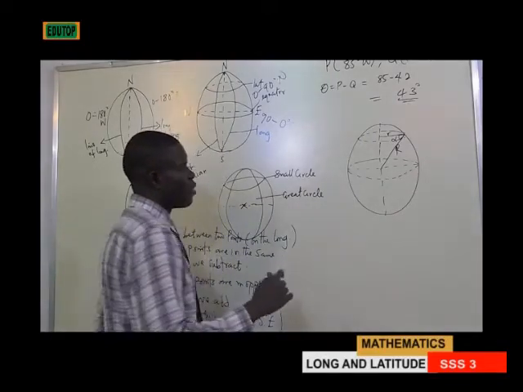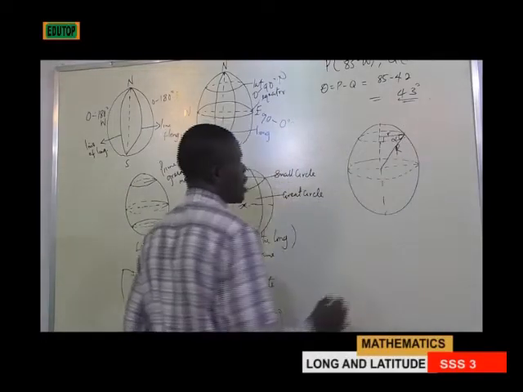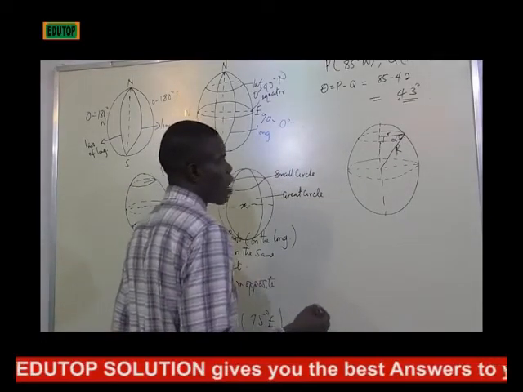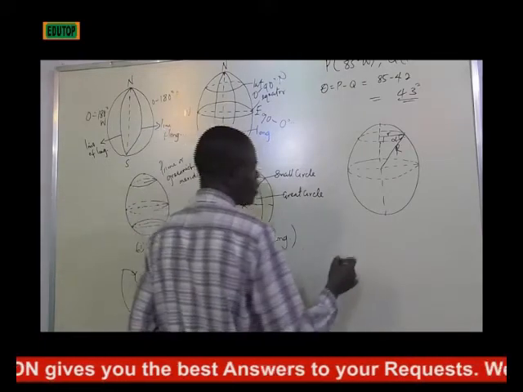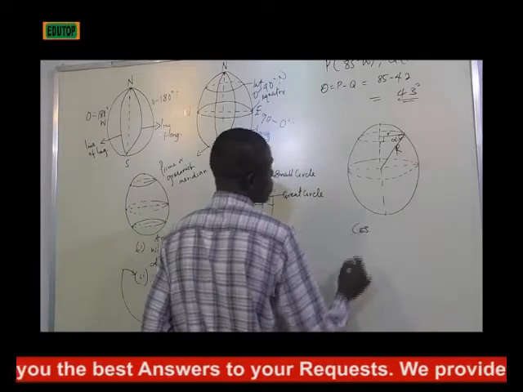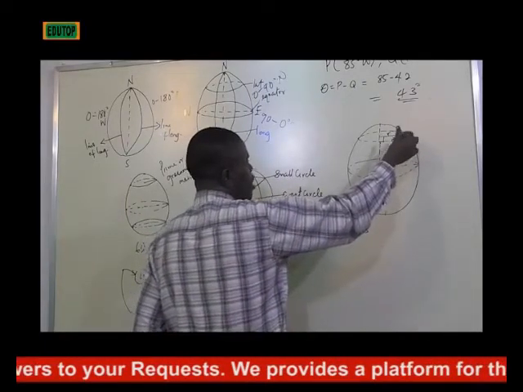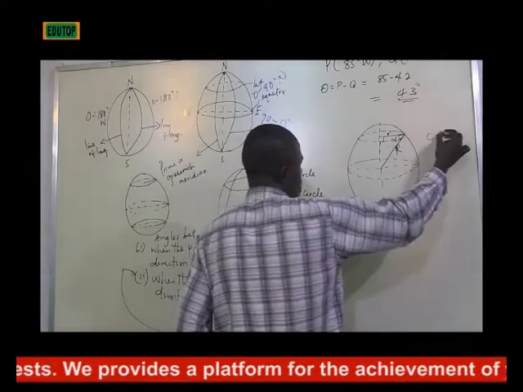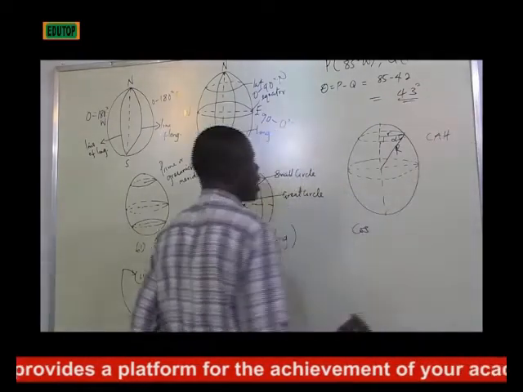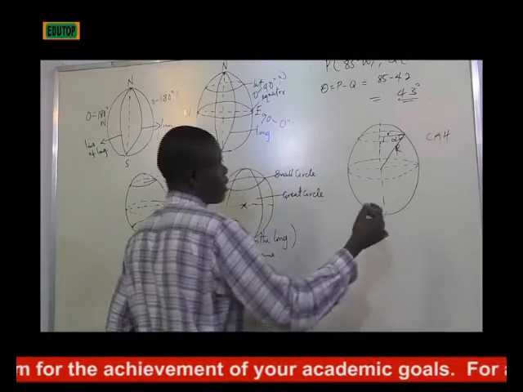If you look at this very well, we have a right angle triangle here, so we can apply Pythagoras theorem, and we can definitely say cos. Why do we choose cos? Because we have the adjacent and the hypotenuse, and remember, SOH CAH TOA says cos is adjacent over hypotenuse.